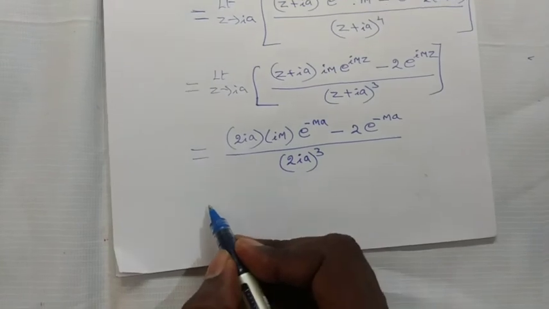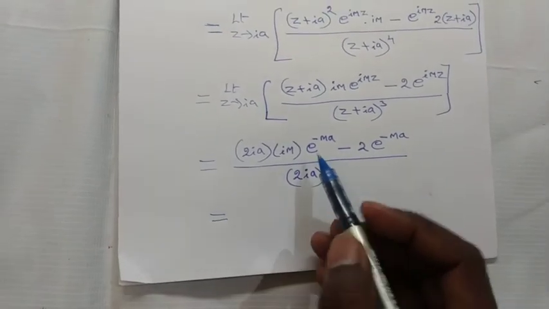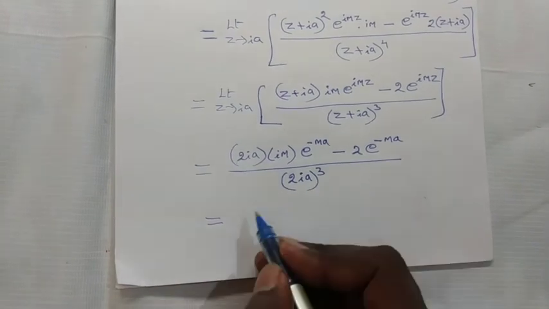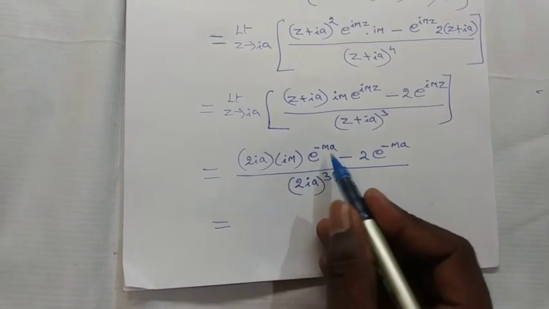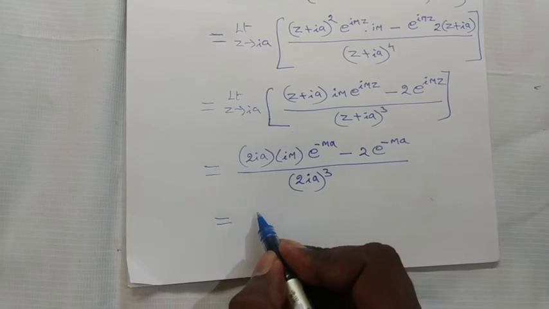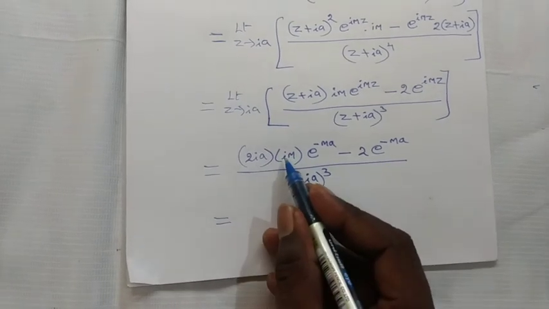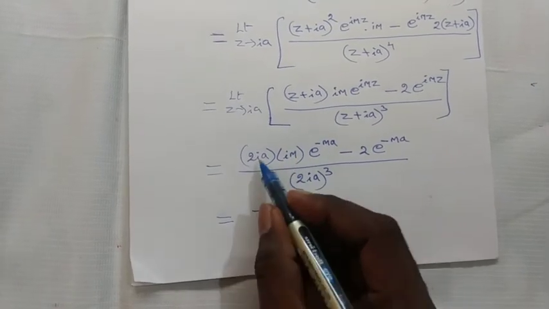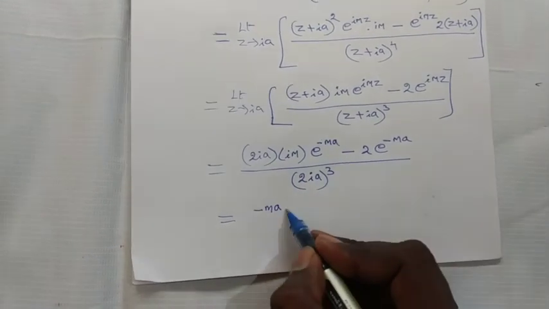Okay, so now next I am going to simplify. In the simplification part, you can take the common term outside. What are the common terms here? 2 and e power minus ma. So take outside. So i into i square minus 1, so minus ma, a into m, ma, i square minus, and minus.